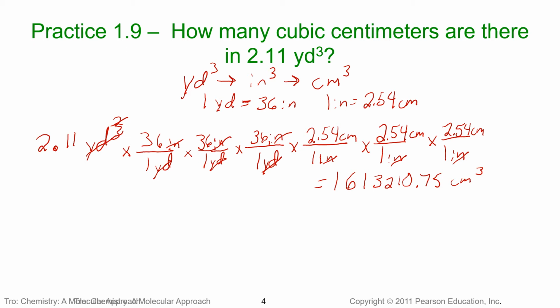So let's round our answer now to the proper significant figures. We have 3 significant figures in our 2.11 yards, so we can have 3 significant figures in our answer.